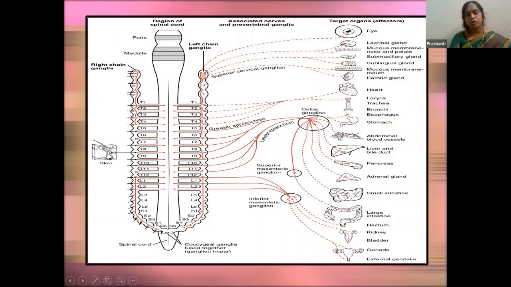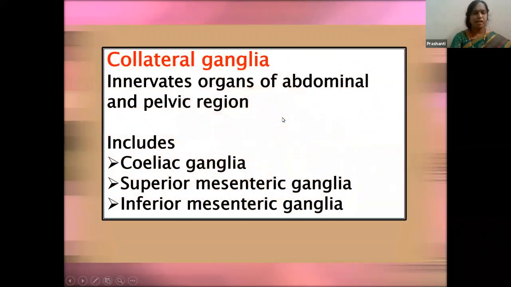It does not go only in a single chain, it is distributed to the different regions. So when we are in high tension, in order to reduce the tension, it is distributed to the different body parts. Over here, just see children, it moves to the heart, lungs, kidneys, liver, etc. So this is the information of the preganglionic and postganglionic.